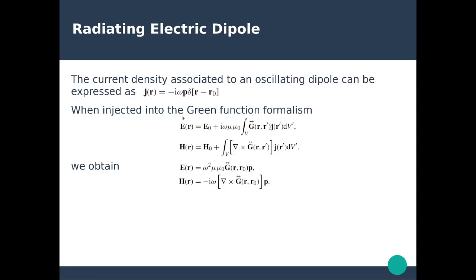So you can calculate the induced electric and magnetic fields from this oscillating dipole via the induced current density, in the framework of the Green function formalism.